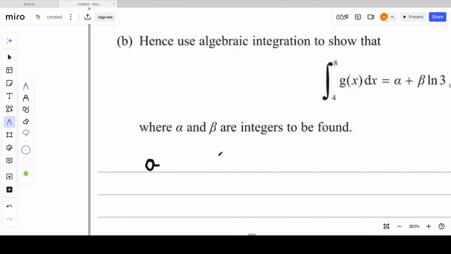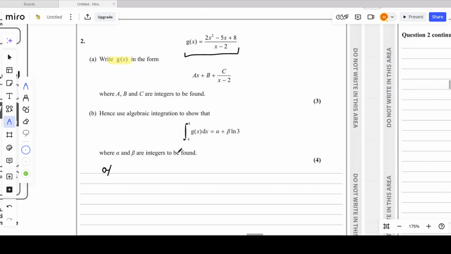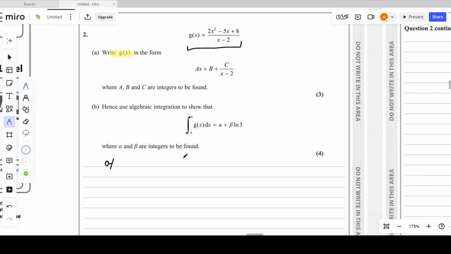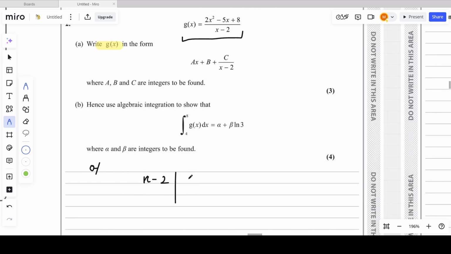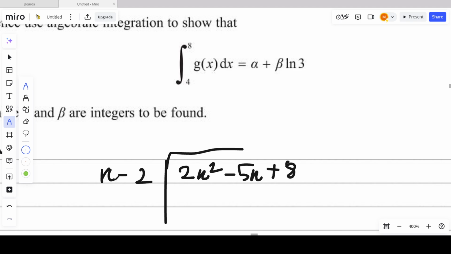At first we need to start with the algebraic long division. The divisor is x minus 2, and we need to divide 2x squared minus 5x plus 8.